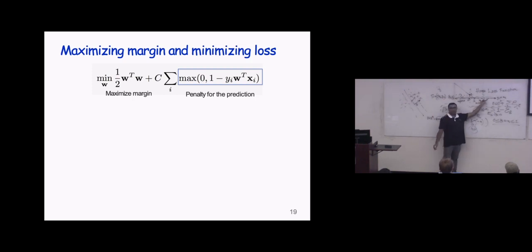If it is here, we are good, right? The dot product is greater than or equal to 1. That's what we want. But things become problematic when the dot products are here, and we need to impose a penalty. So three cases.